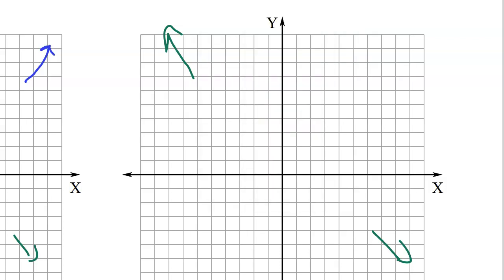Are they, in other words, going in opposite directions? And which directions are they going? That's what the end behaviors are meaning, and our leading coefficient combined with our degree is going to help us determine these.